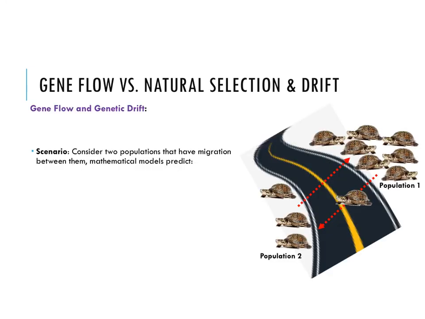We can also talk about the balance of gene flow and genetic drift. So genetic drift, like selection, can cause populations to diverge.